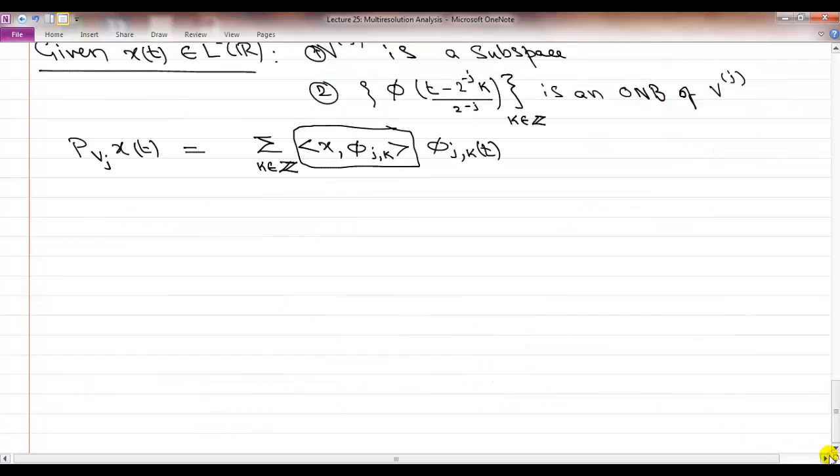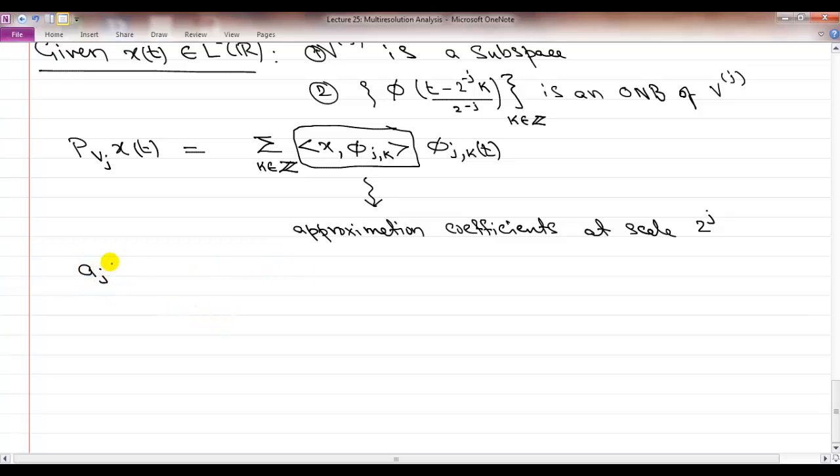So these are called approximation coefficients at scale 2 to the j. I'll denote them by a j n.